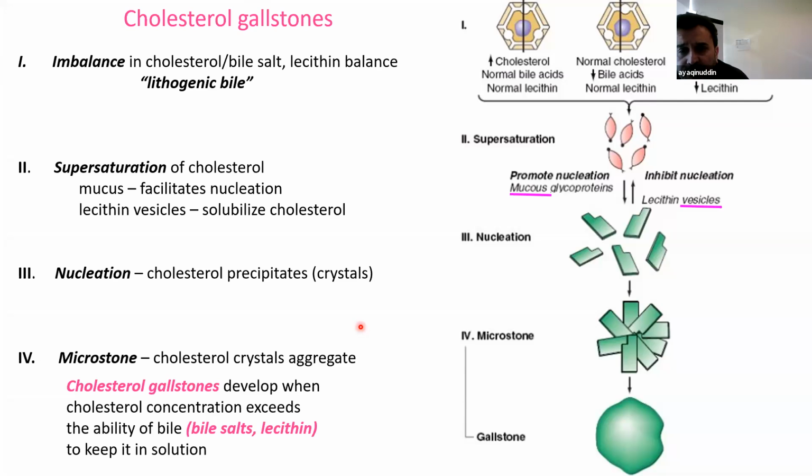Now, these cholesterol stones are formed because there is an imbalance. There are three components of the bile which is stored in the gallbladder, and you know that the gallbladder bile is much more concentrated as compared to the liver bile. The reason why it does not form stones is because you have a lot of bile salts there.